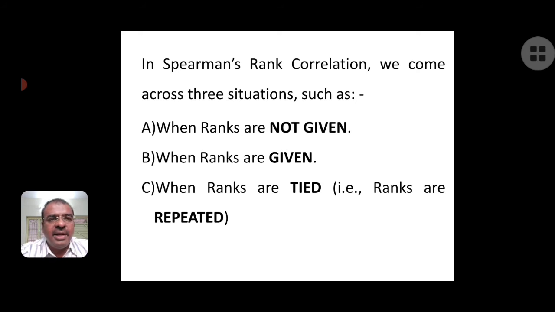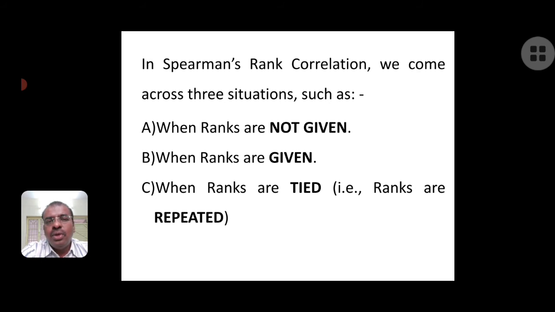In Spearman's rank correlation, we come across three different types of situations. Situation 1, when the ranks are not given and we have to assign the ranks. Situation 2 is when they have given the ranks directly. And situation 3 is when ranks are given but there are repeated ranks in the given data, or when ranks are tied.